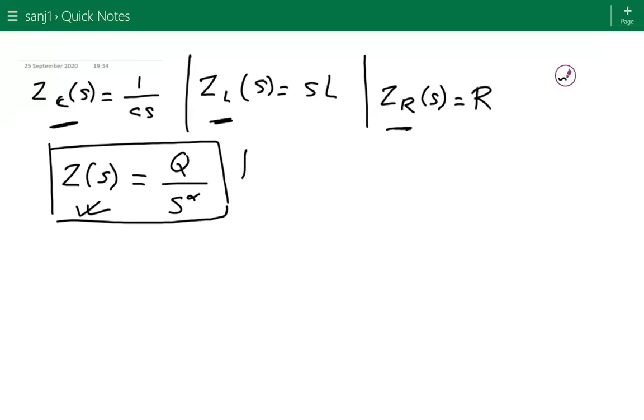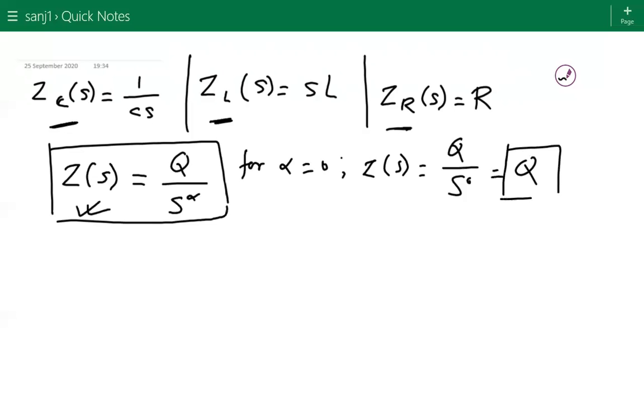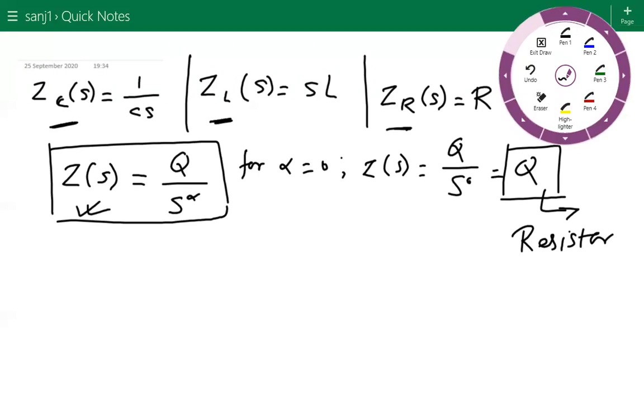For alpha equal to 0, Z(s) will be q s to the power 0. It will be q. So there is no s term involved with this q. So this will become a resistor.